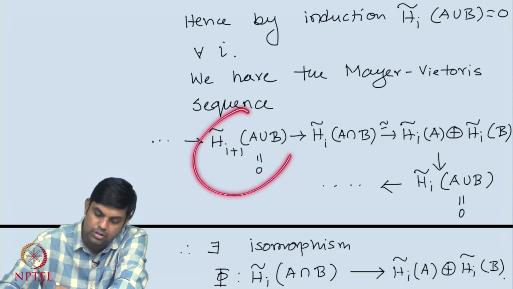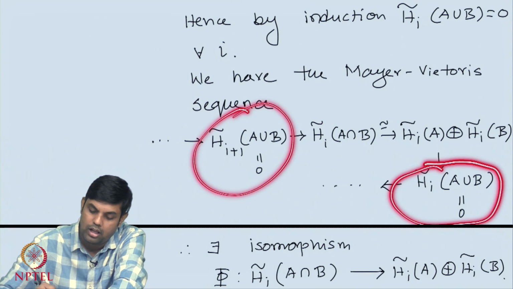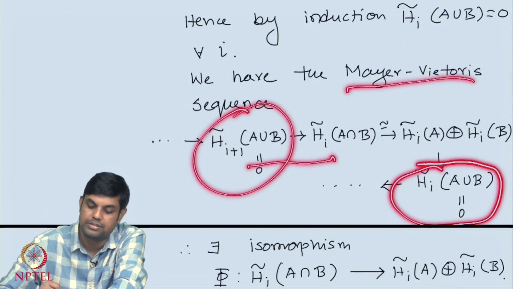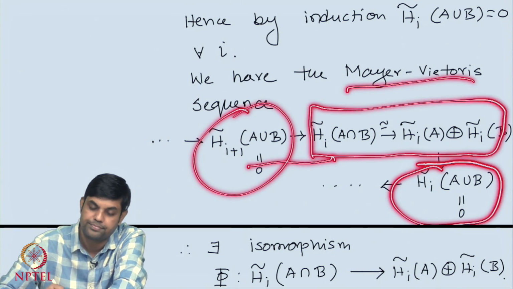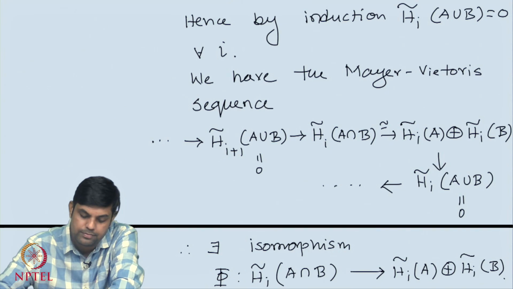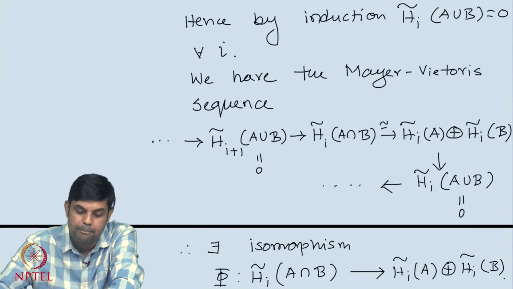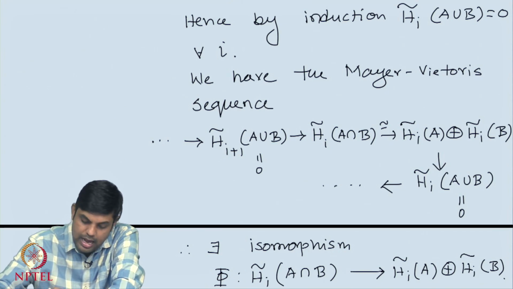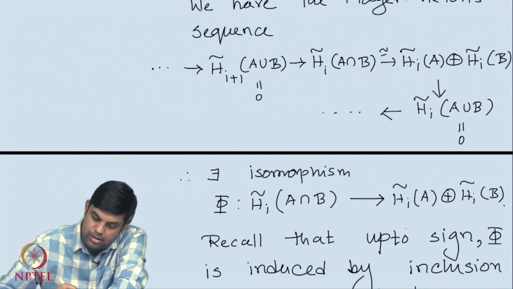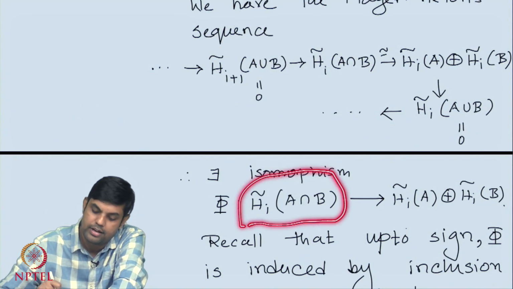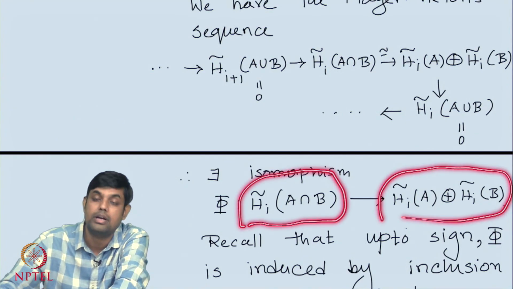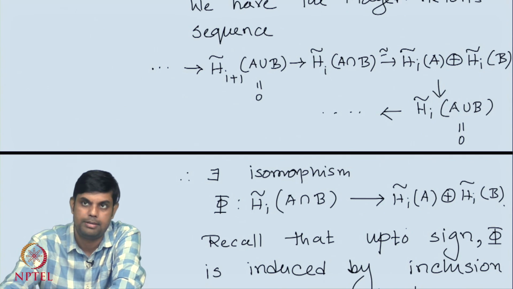So this is 0, this is 0, and Mayer-Vietoris is an exact sequence. In particular this is an isomorphism. Therefore, because it is an exact sequence, I have an isomorphism from H_i tilde of A intersection B to H_i tilde of A and H_i tilde of B.